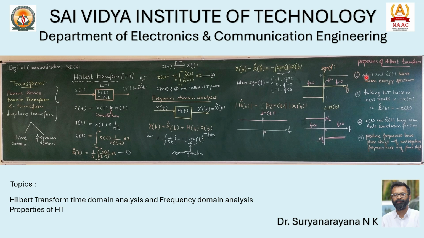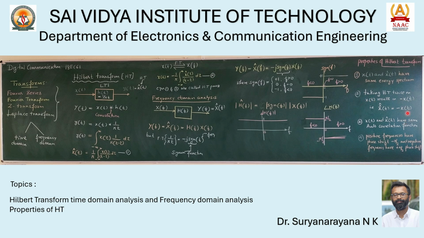There are a few properties which are mentioned here. First one is x of t and x cap of t have the same energy spectrum, that is the original signal and the Hilbert transformed signal have the same energy spectrum.